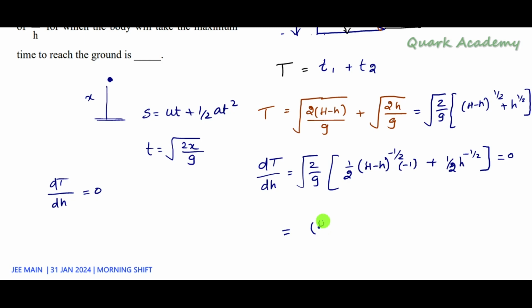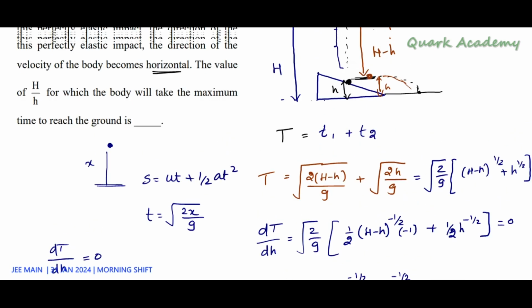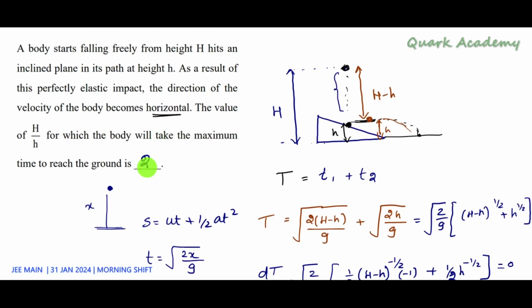So it will become negative (H minus h) power negative 1 by 2 plus h power negative 1 by 2, which is equal to 0. So we can write H minus h equal to h. When you rearrange and square it, H by h will become 2. So here the ratio is going to be 2.